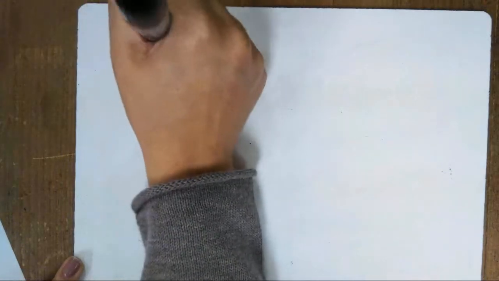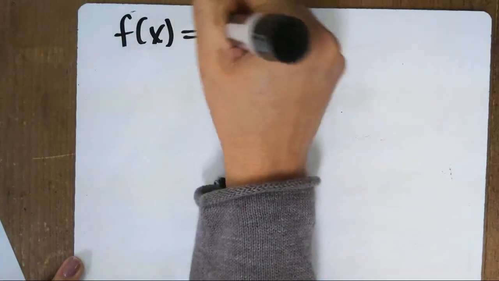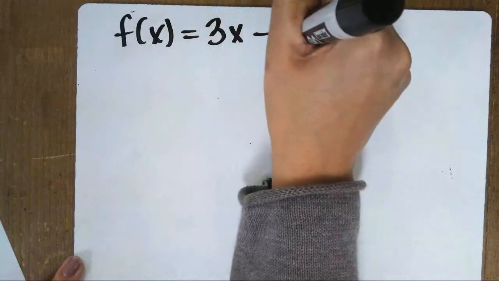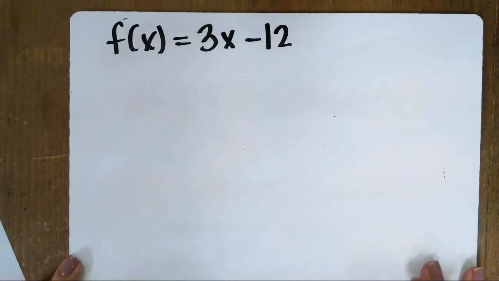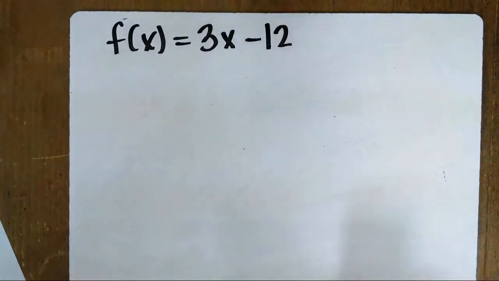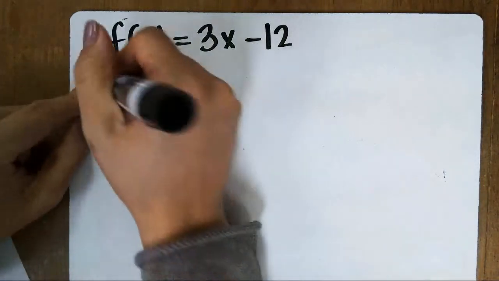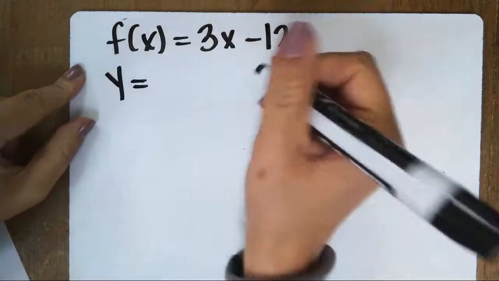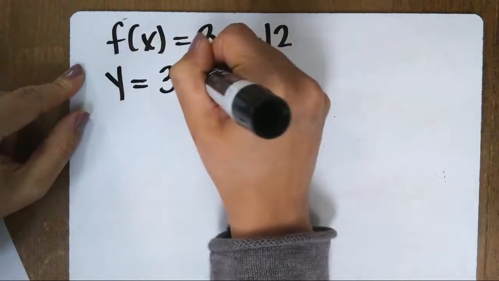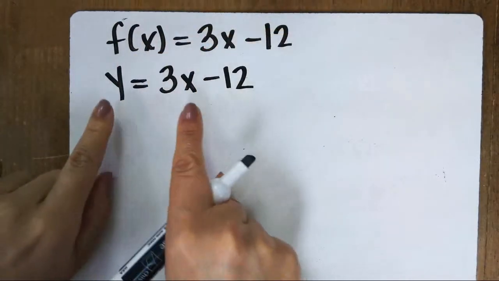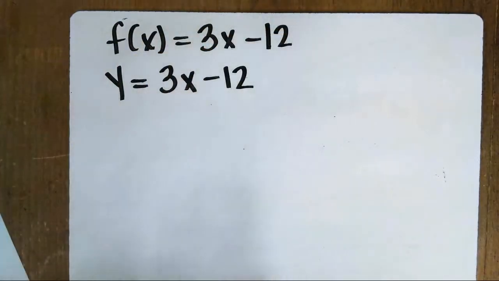If I give you f of x equals 3x minus 12, and I want to find my inverse function, remember my very first step is to replace my f of x with y. And so I have y equals 3x minus 12. Then I'm going to go ahead and flip those.